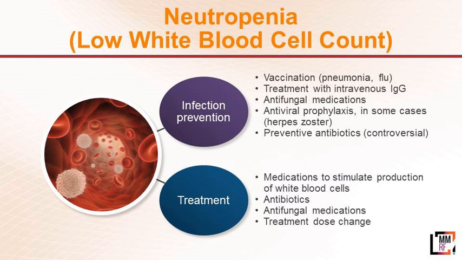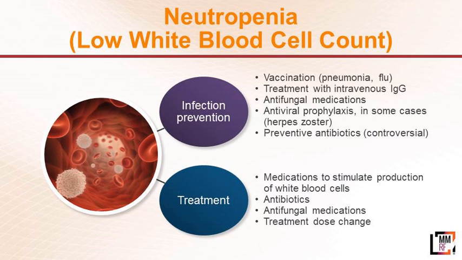Sometimes we will write for antifungal medications, antiviral prophylaxis such as acyclovir for the herpes zoster, and preventative antibiotics are also out there, but that's very controversial. And for the treatment of neutropenia, we can prescribe medications to stimulate the production of white blood cells, such as Neupogen or Granix.